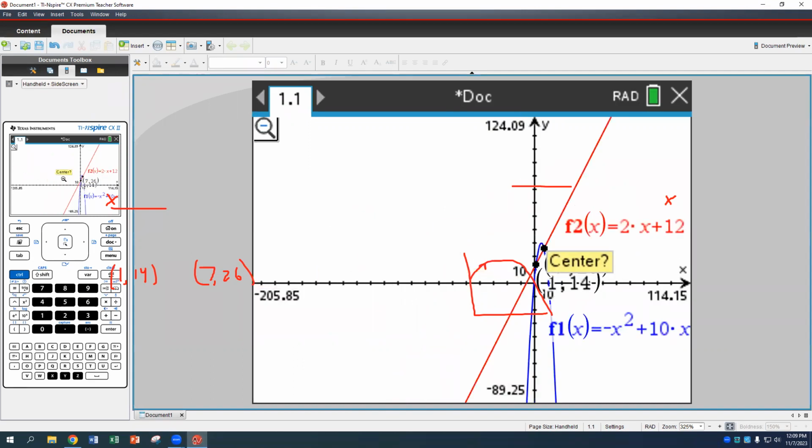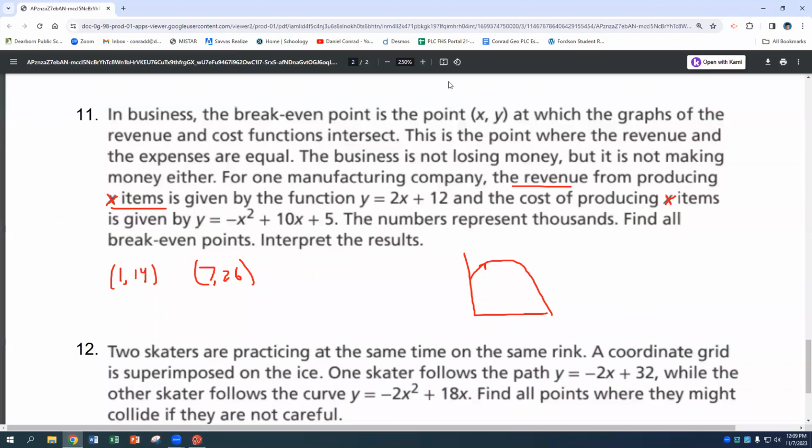So our solution here, for interpreting our results, is going to be that the company breaks even when it spends $1,000 to make and sell 14,000 items. Because remember, these are thousands. So the x here, $1,000 for 14,000 items.